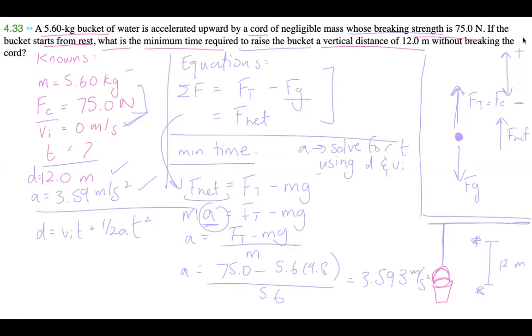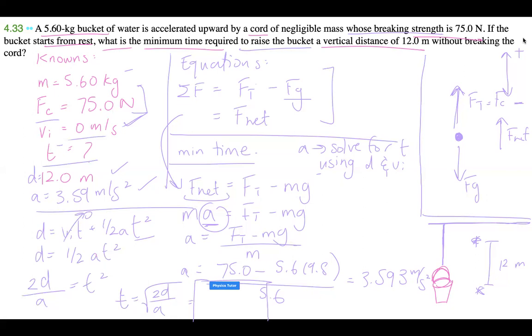Okay, anyways, so now we can plug everything in and just isolate for T. So VI is 0, so we can just cancel out this term. And now it's D is equal to half of AT squared. Now it's going to be 2D divided by A is equal to T squared. And T is just going to be the root of 2D over A. We're going to plug in our values.